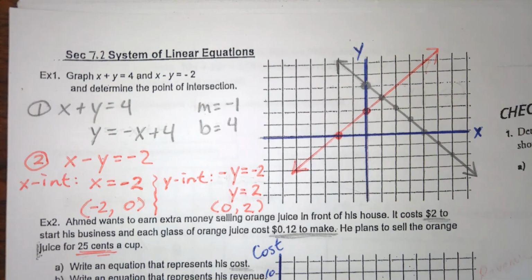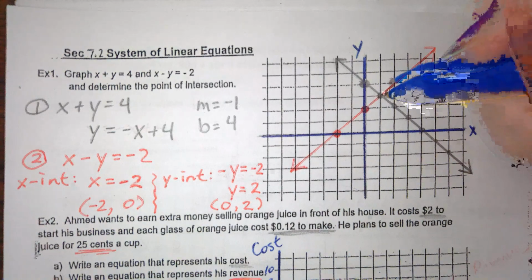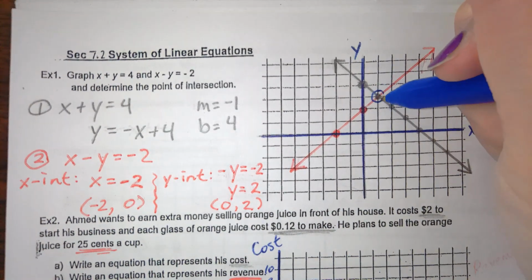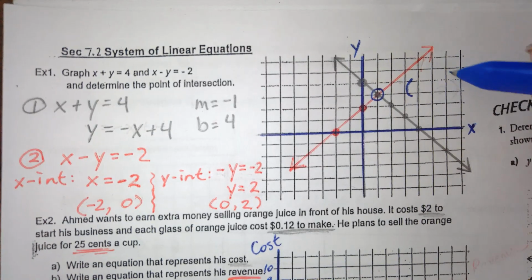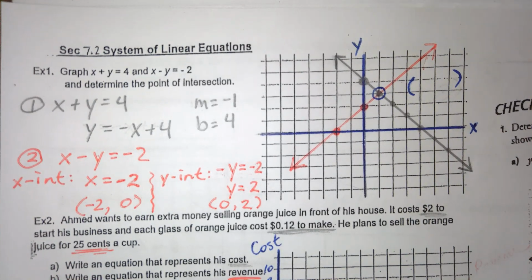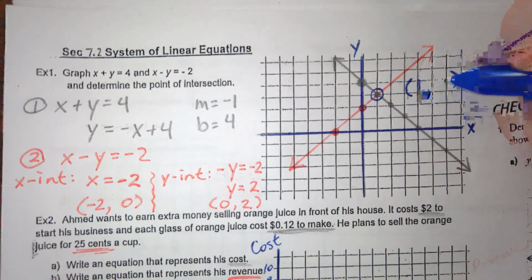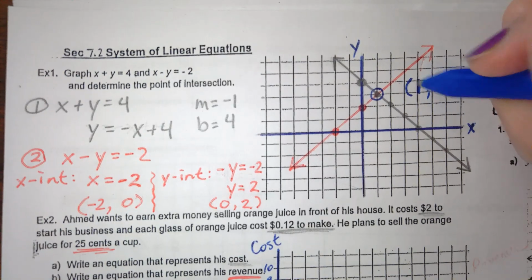No. Why not? Right. So the whole point of graphing the two lines was to figure out what this point of intersection is. And so what is my answer here? Kevin? Yeah. 1 and 3. Yeah. Okay, and that's my answer.